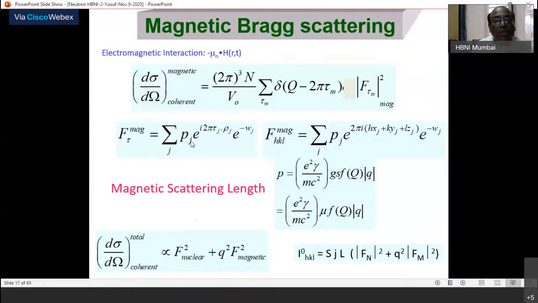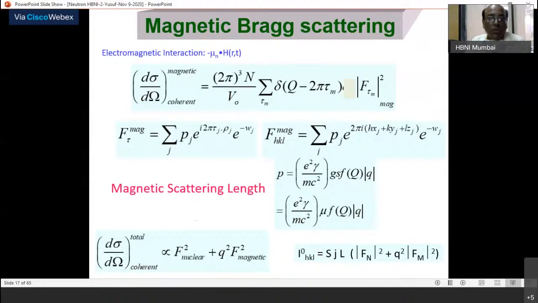And I have told you about the neutron in the dipole approximation. I told you again and again, the neutron will see only the component of your atomic or ionic moment which is perpendicular to the q vector. That only is seen by the neutron. The neutron's magnetic moment interacts with that and gives you this scattering.